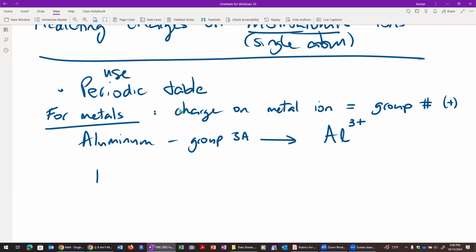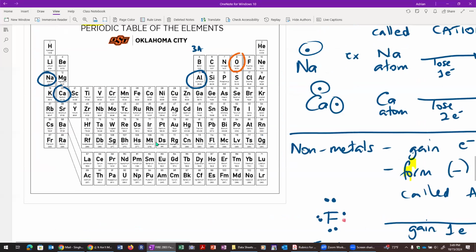If you look at something like barium, if you find barium on the periodic table, it's in group 2A. So we have Ba, it's a metal, so the charge is going to be positive. And what's the group number? 2. 2 plus. That's it. Very, very easy. There's barium, by the way.